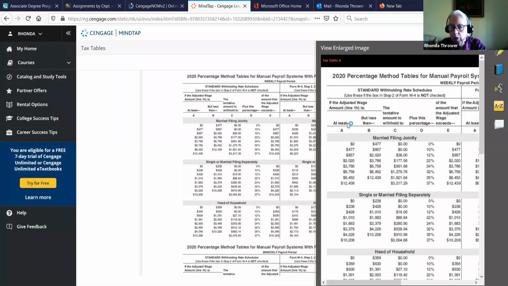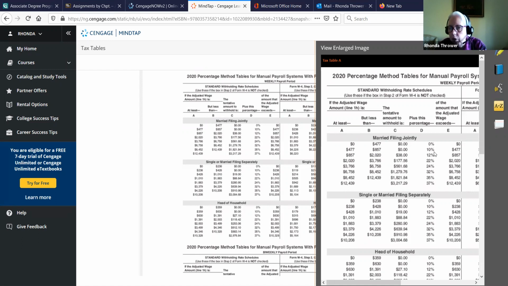We have to find where that falls in between the columns A and B. The amount will fall in between $857 and $2,020. So we're using this line here. The tentative amount to withhold is $38. We're going to come back to that in just a second.